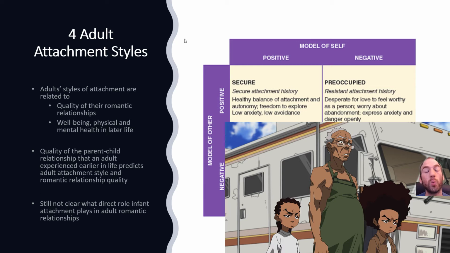So the direct role is a little unclear, but early childhood attachment styles are thought to serve some predictive value, to influence on some level future adulthood relationships and attachment styles.